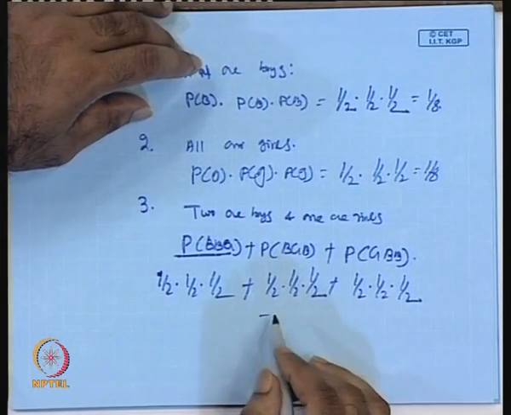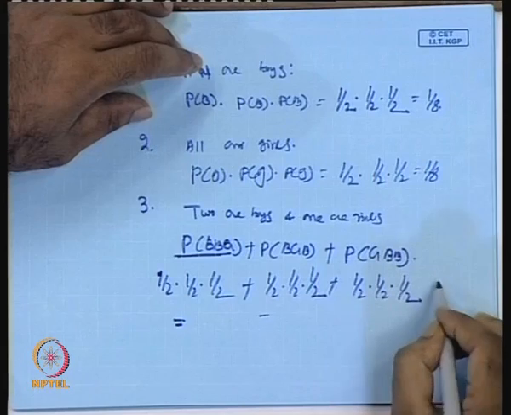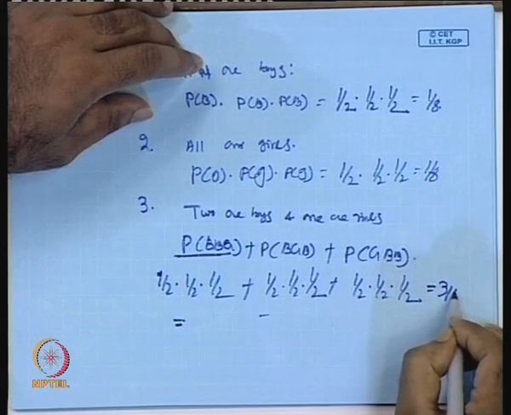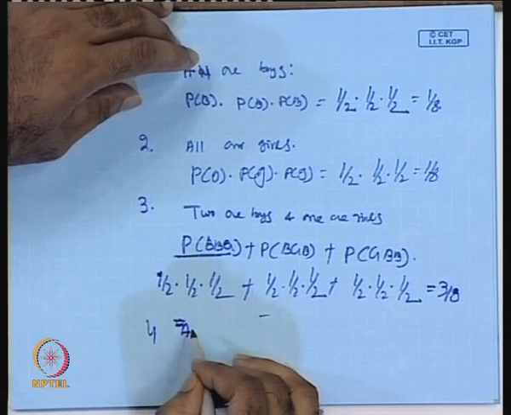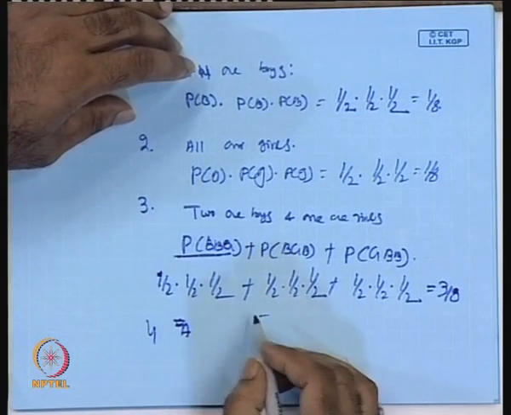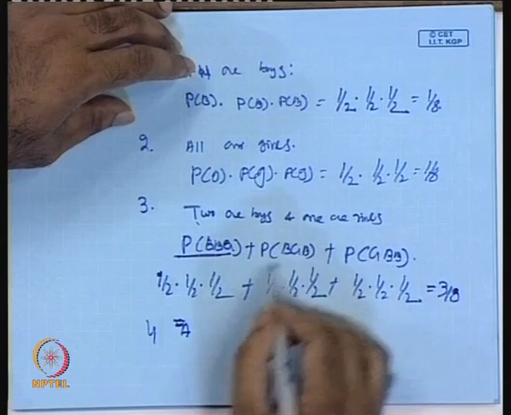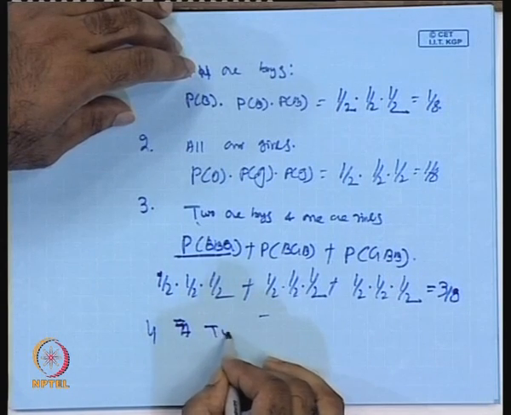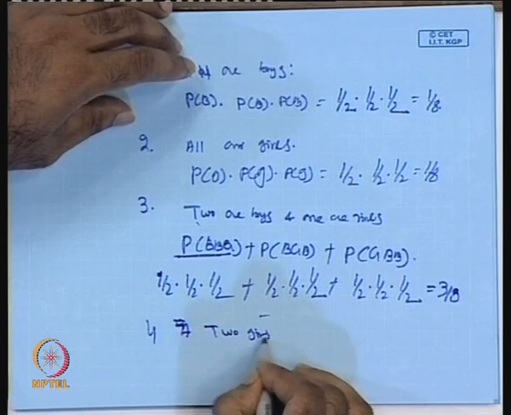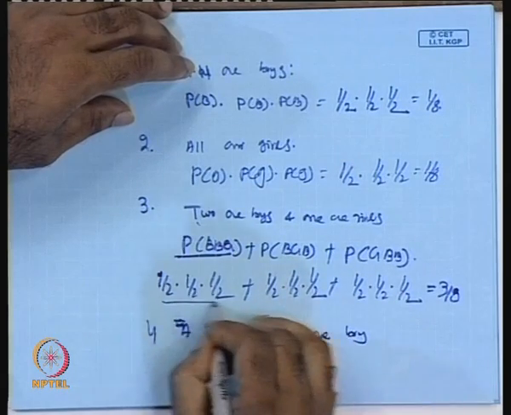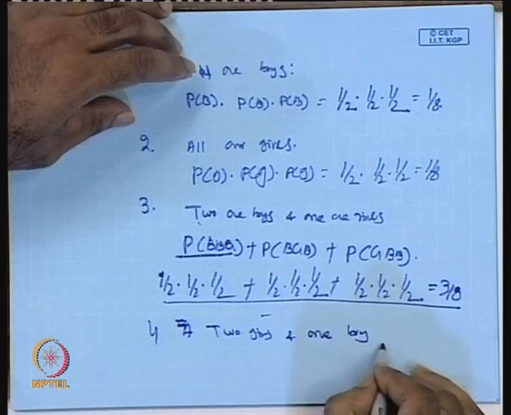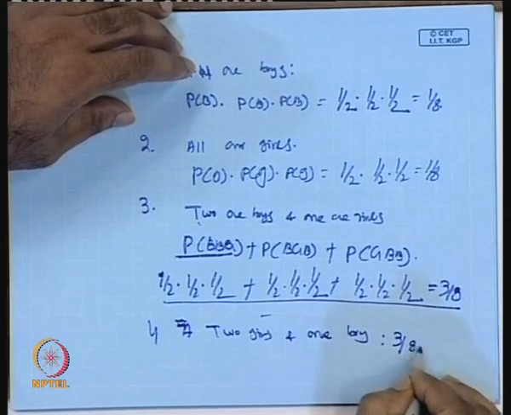So, in total, if you solve this problem, you will get 3 by 8. Okay. Now the fourth case, if 2 are girls and 1 boy, the result is also similar. So, it will also come to 3 by 8.